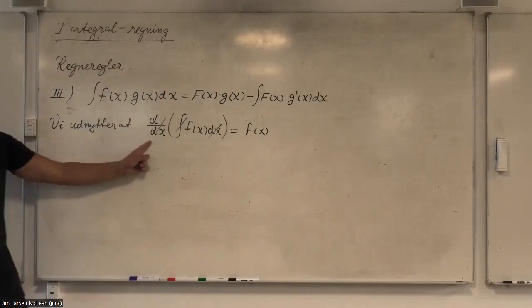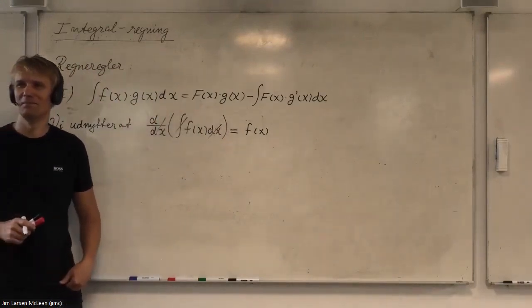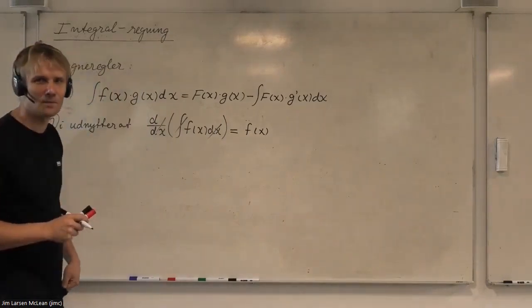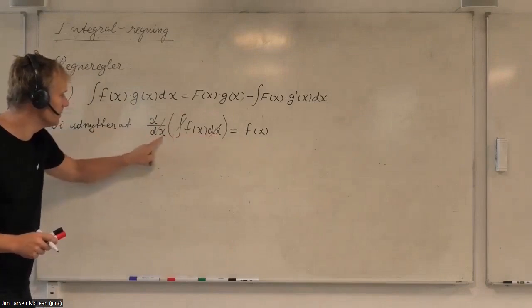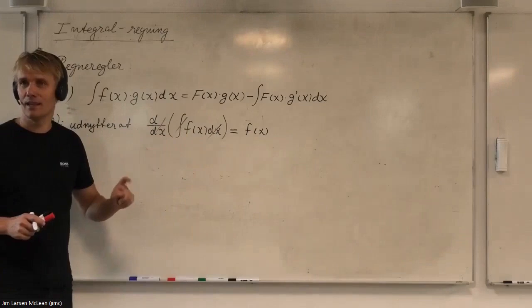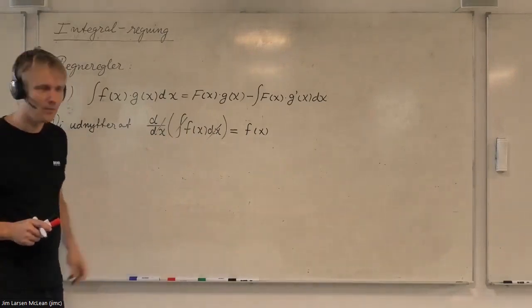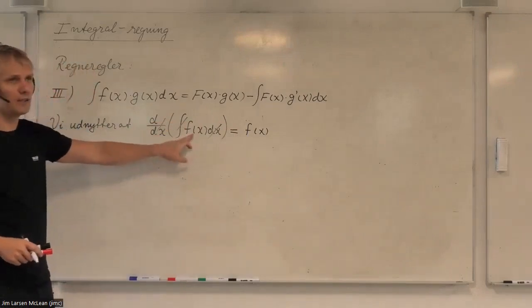So remember, if you differentiate something that is already integrated with respect to the same variable, that means if it says dy there but dx there, it doesn't work. It has to be with respect to the same variable. Then the two operations cancel each other out, and you just get what's under the integral sign.